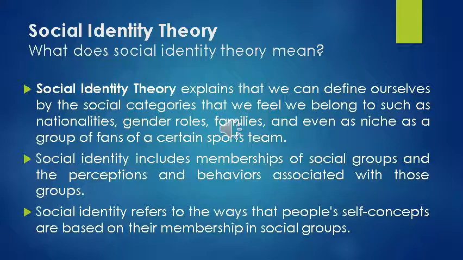Number two, social identity includes membership of social groups and the perceptions and behaviors associated with those groups. Thirdly, social identity refers to the ways that people's self-concepts are based on their membership in social groups. So, we conclude from that that social identity equals social categories.